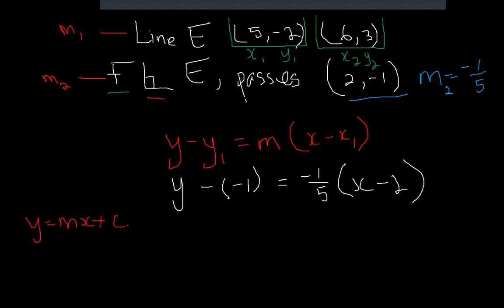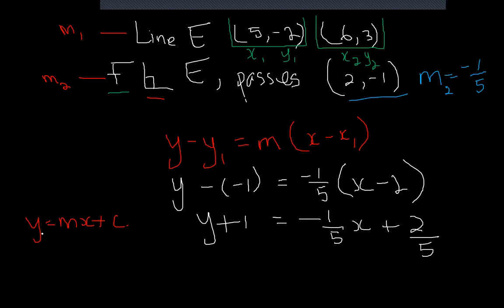So y minus -1, remember minus and a minus is a plus, so that becomes y plus 1 is equal to -1/5 times the bracket. We expand the brackets: -1/5 times x is -1/5 x, and then -1/5 times -2: -1 times -2 is 2, so it's 2/5.